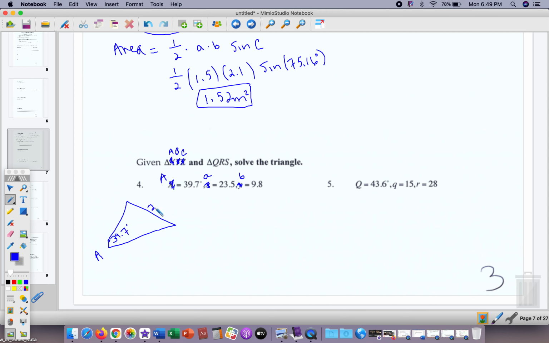Little a across from it is 23.5. Little b is 9.8. We don't know angle B, so we know this is a side-side angle. This is where we would need to think, okay, there could be 2 triangles, right? Where this would also be 39.7. This would be 23.5. All of the givens are the same for both, right?